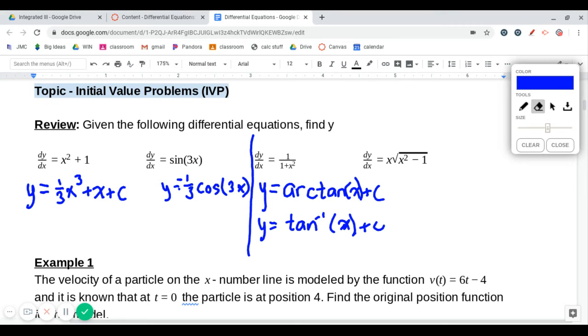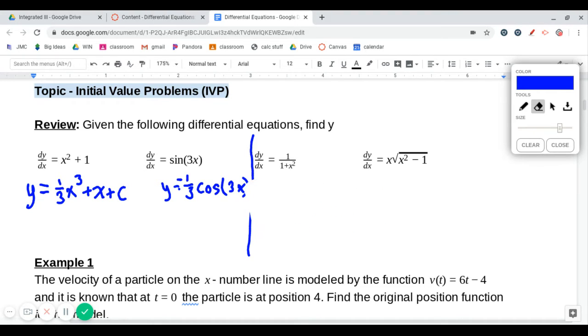And lastly, we're going to review u substitution with this one. So, dy/dx equals x times the square root of x squared minus 1. We're going to set u equal to x squared minus 1, because then du equals 2x dx.